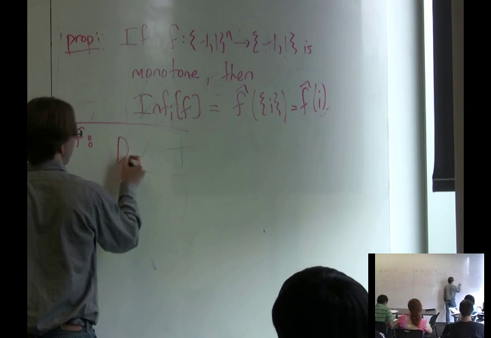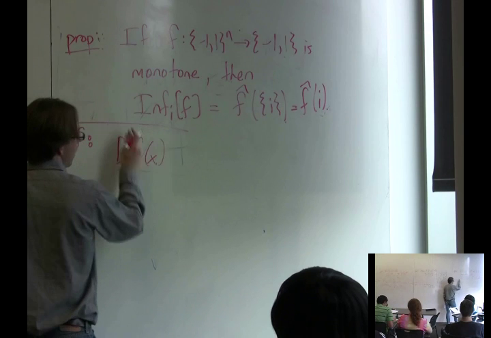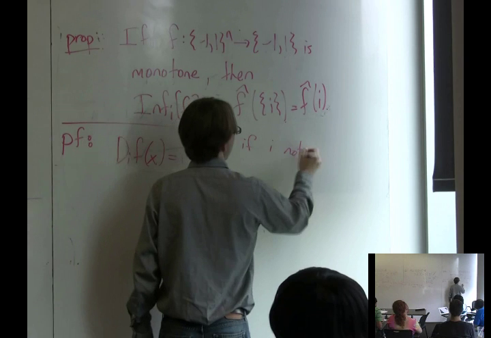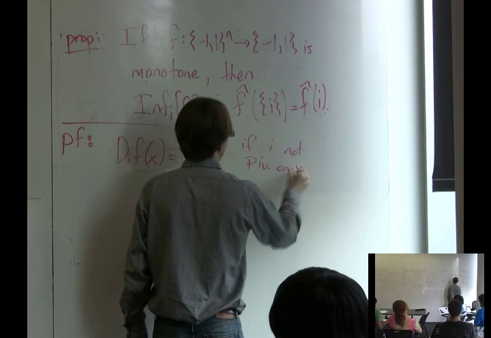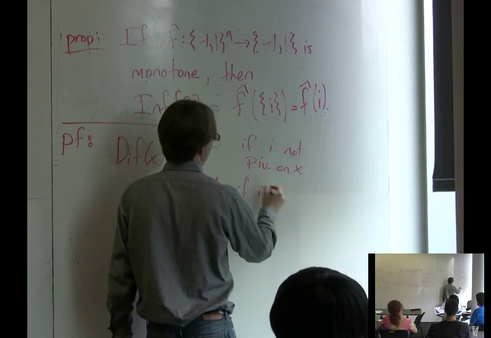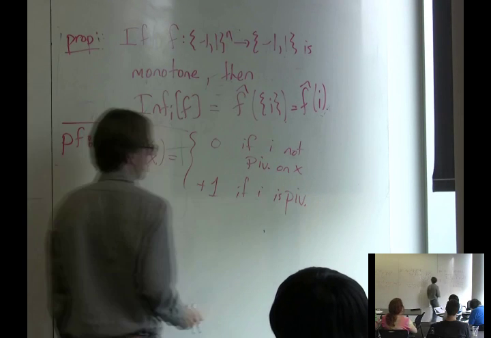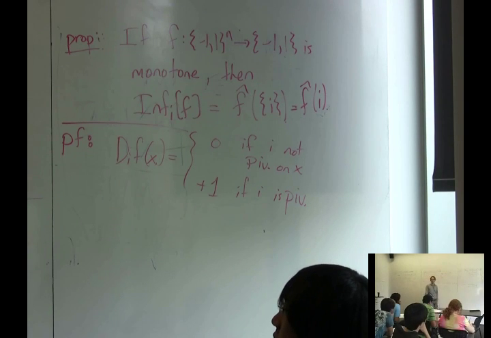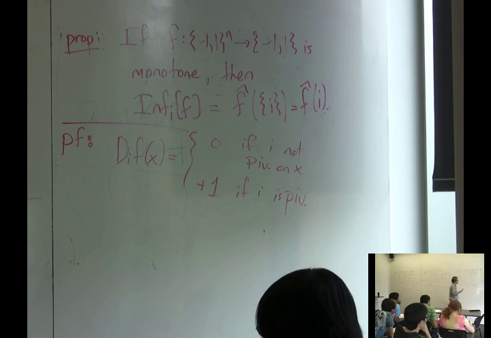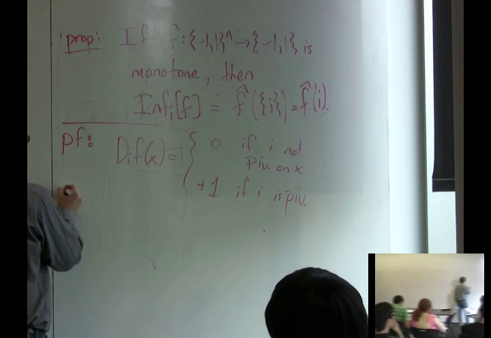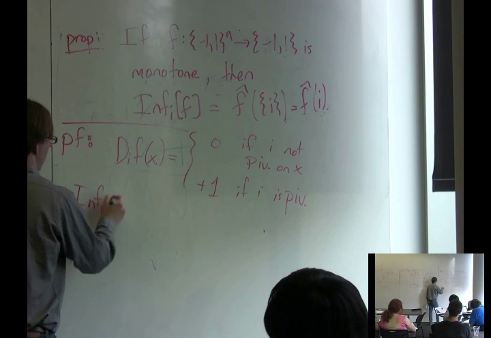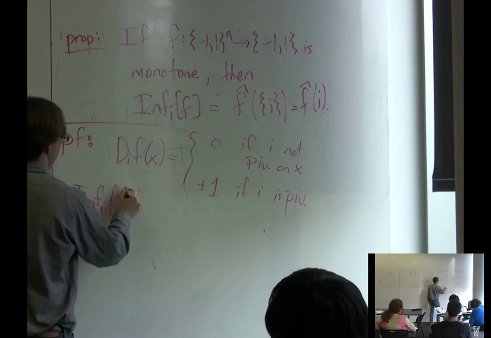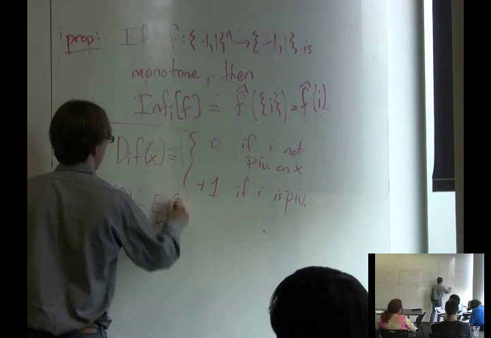So in the monotone case, this thing is 0 if i is not pivotal on x, but it's always plus 1 if i is pivotal. Because for monotone functions, it'll always be that this guy is 1 and this guy is minus 1. So then you don't have to take the square anymore. You can just take the expectation. On f, it's just the expectation of the derivative.